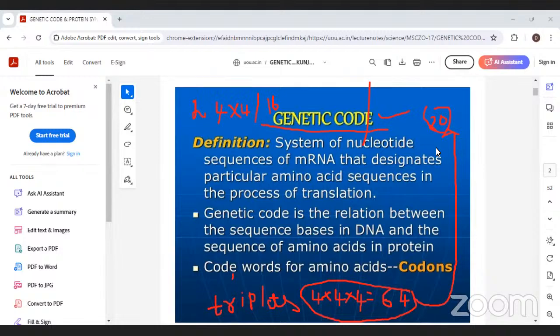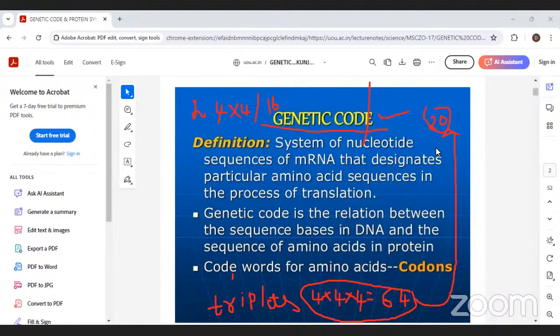Several experimental evidences, including that of the scientist Khorana, have, however, definitely established that there is no overlapping of triplets and that they act separately.